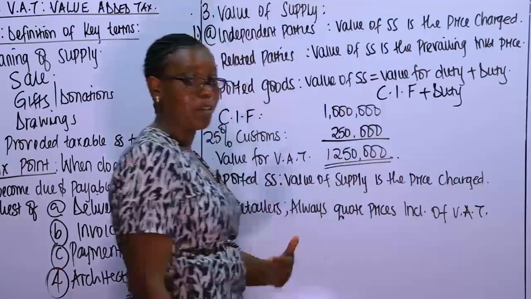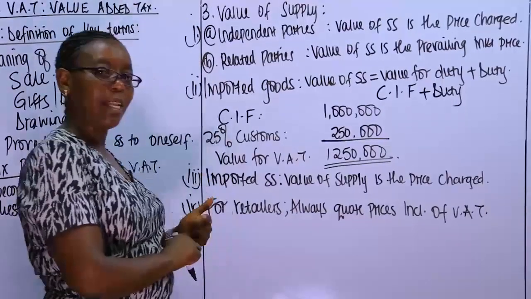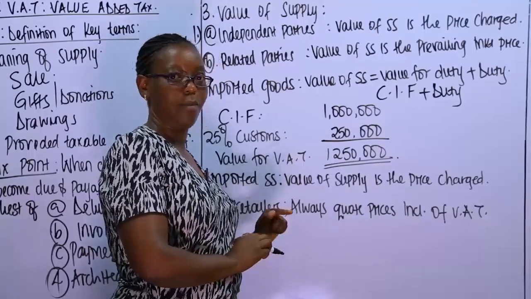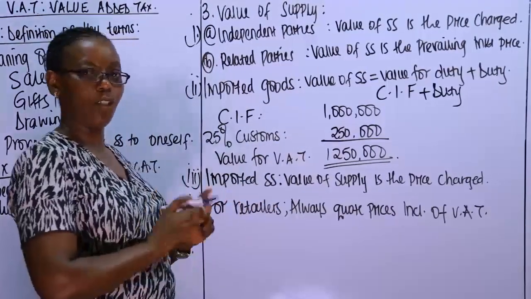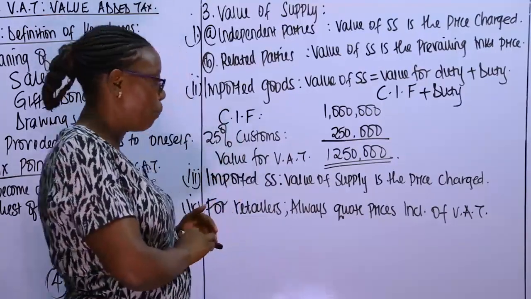Now let's see the importance of that. You're a retailer. From business class, a retailer sells to the final consumer. That is the technical definition of a retailer. You are selling whatever it is to the final consumer.